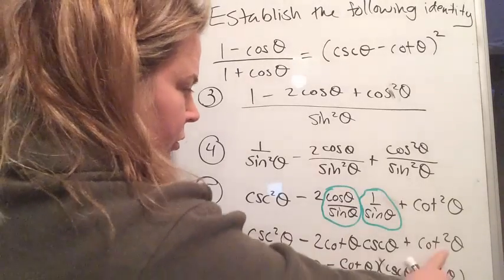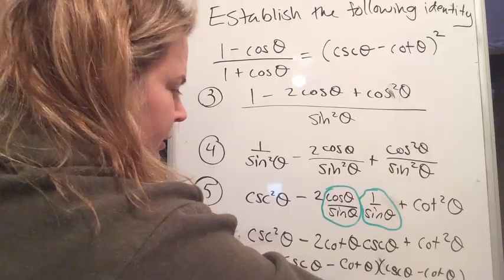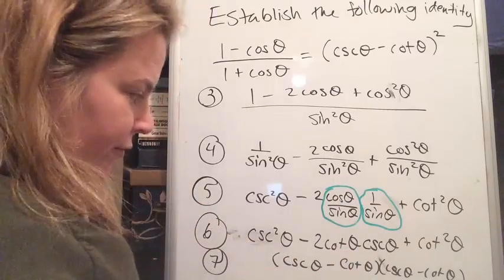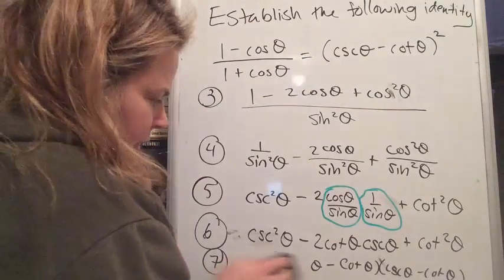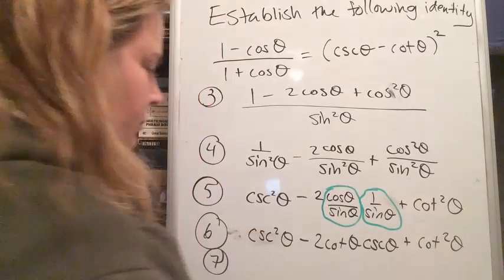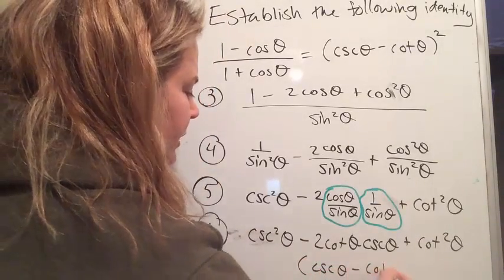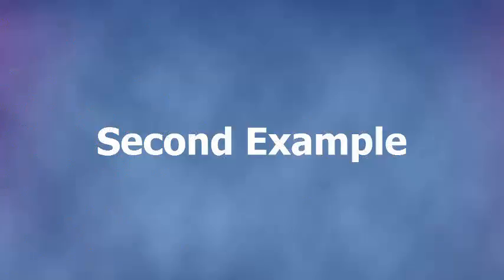Cotangent times cotangent is cotangent squared. Then we have minus cosecant cotangent minus cosecant cotangent, which is 2 of them. So that's the way it factors. Now let's write it how the answer is written: cosecant theta minus cotangent theta squared. And we did it.